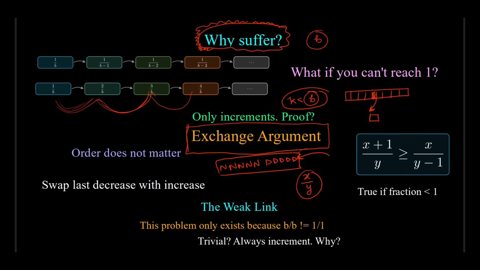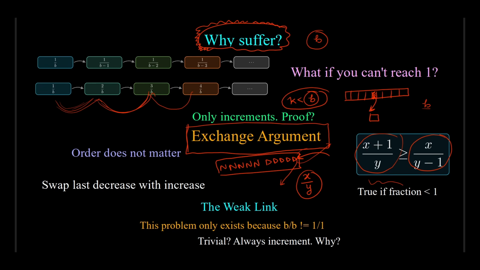If you swap out this denominator decrease with a numerator increase, then the result will be better, right? Because we have just seen that a numerator increase on one operation is strictly better. Why? Because x plus 1 by y will always be greater than x by y minus 1 if this is a fraction which is less than 1, and we are already discussing the case where it is not possible to reach b by b, or 1 upon 1. So this inequality will always hold.